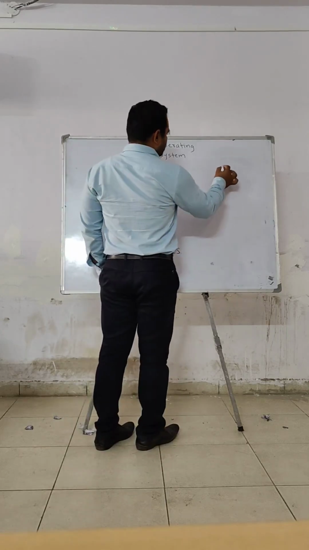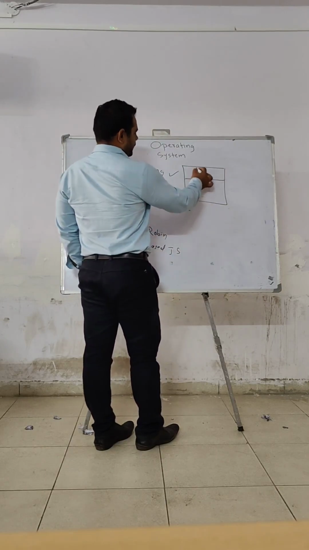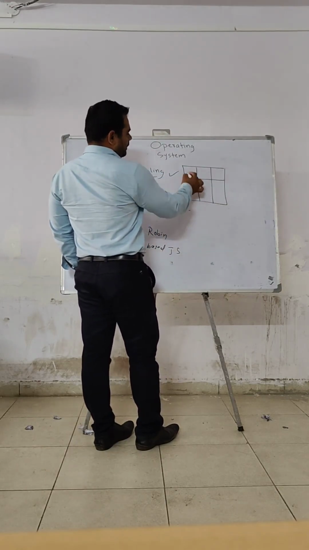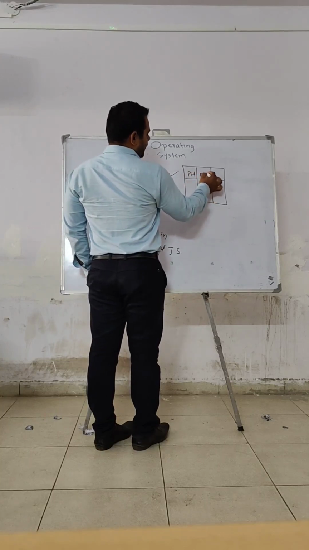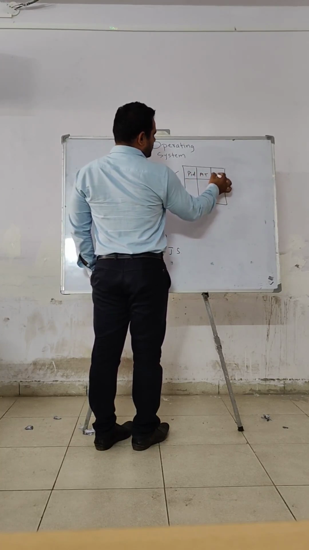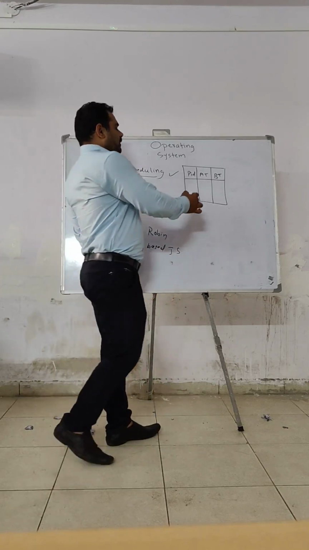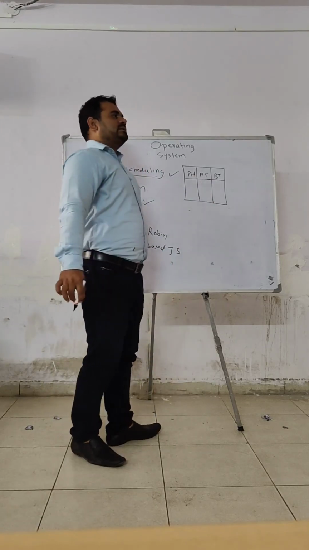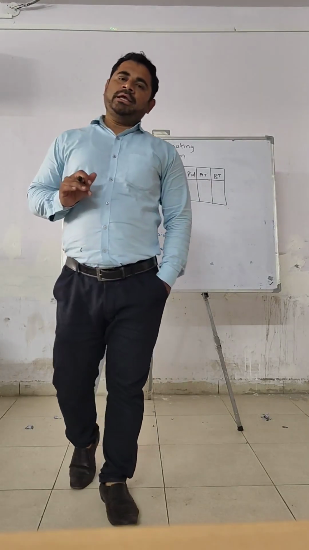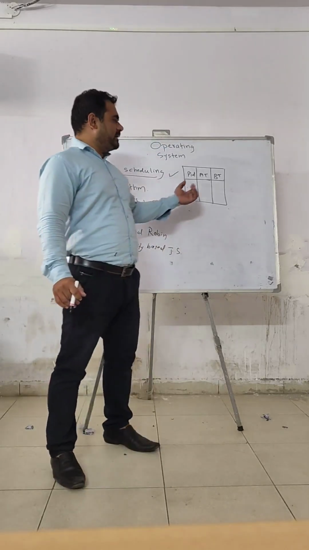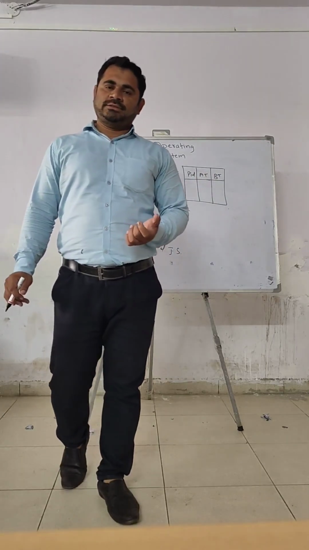We are already given three things in our question: process ID, process arrival time, and process burst time. Arrival time is the time at which a process comes into the ready queue, and burst time is the time required to complete the execution of a particular process.